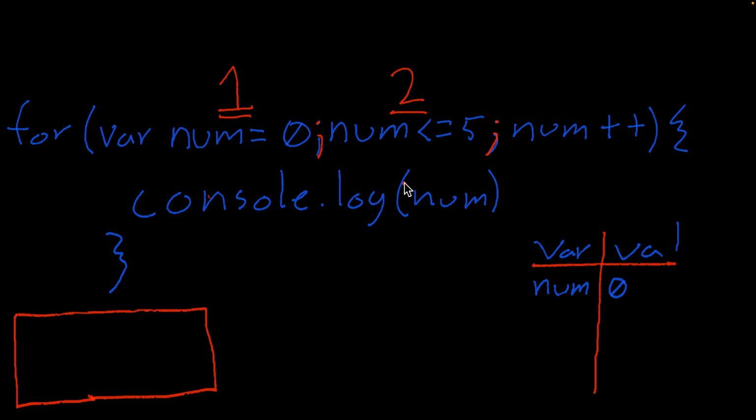Now we check, is num less than or equal to 5? Right now, num is 0. If num is less than or equal to 5, if this is true, then we enter in the do something section. We enter in here. And now we enter step 3.